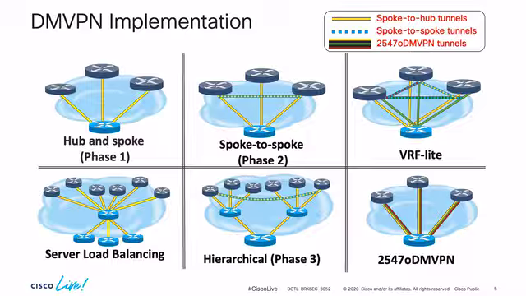This is an implementation you would have if you want to separate the traffic within your organization or between the different organizations that you communicate with. We have server load balancing, which is a classic implementation example of a point of sale implementation. We also support DMVPN over MPLS over DMVPN, and the solution is called 2547 over DMVPN.